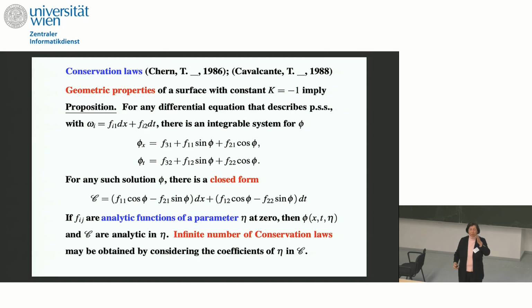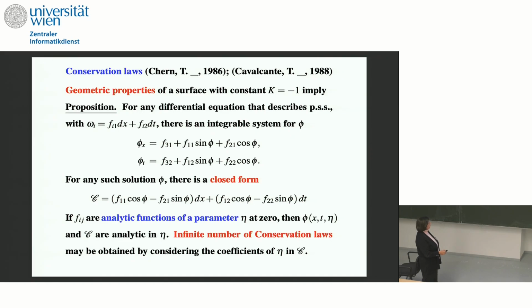So if you choose each exponent of this Taylor expansion in this parameter, then you will get infinitely many conservation laws. So this tells you how to get the infinite conservation laws for a specific equation. Later, I will give you even an explicit example of conservation laws for, I guess, a system, if it's not an equation.